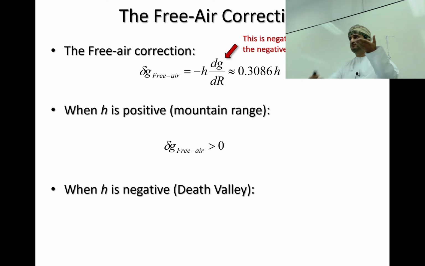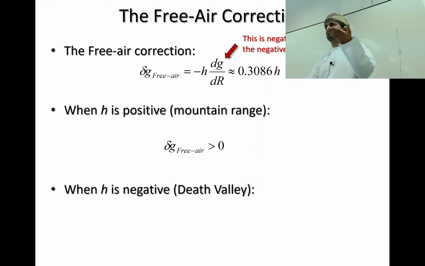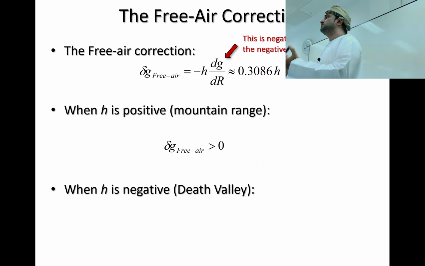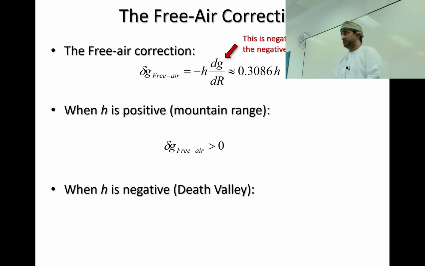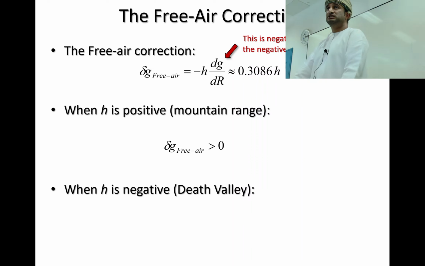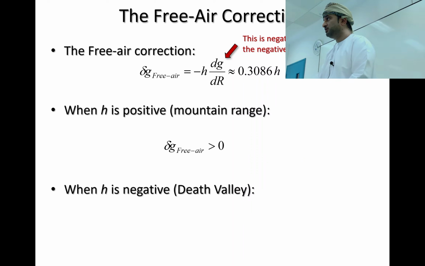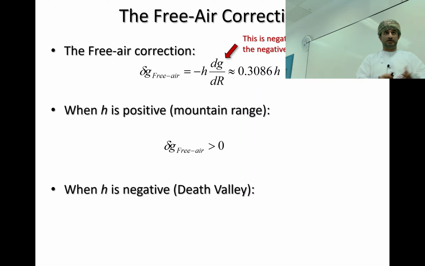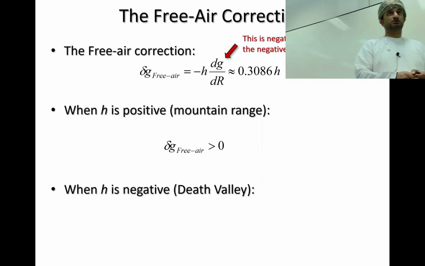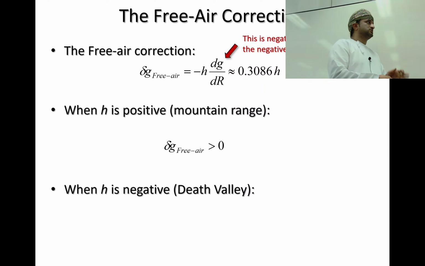And if I move closer to the Earth center, what happens to the gravity value? It increases. It hasn't increased because subsurface geology has changed. It increased because I just moved deeper, closer to the Earth center. The radius of the Earth decreased. So it's negative.